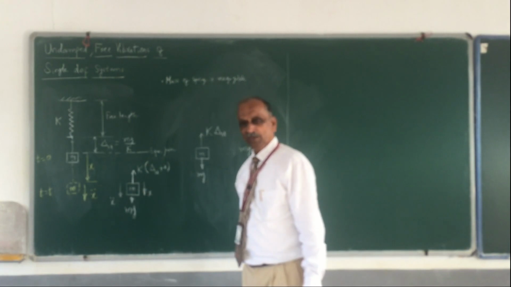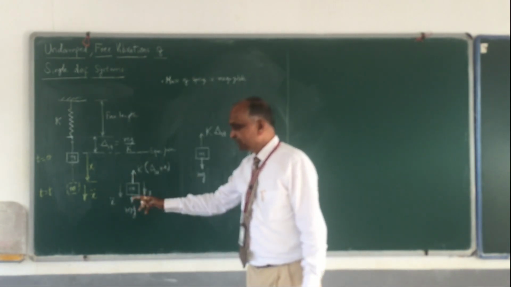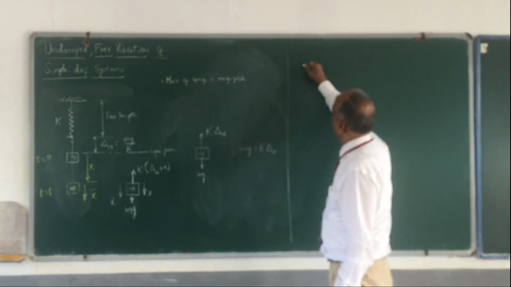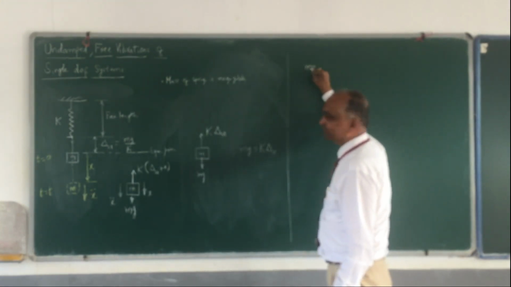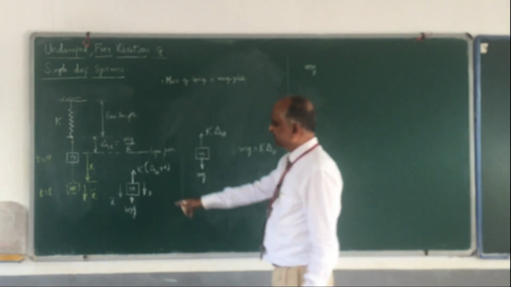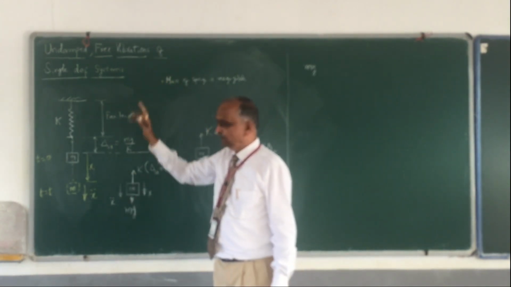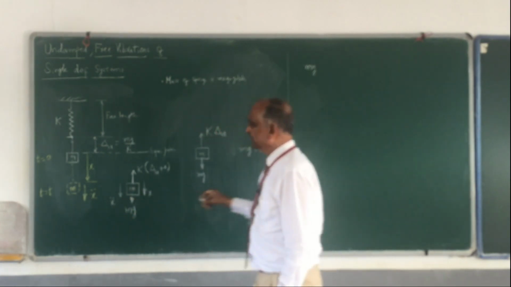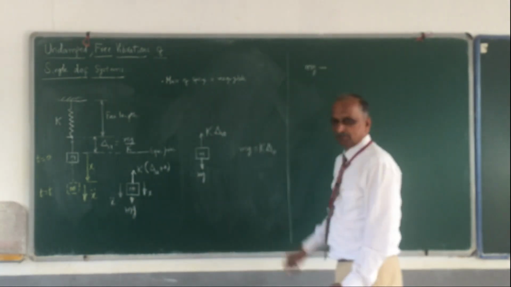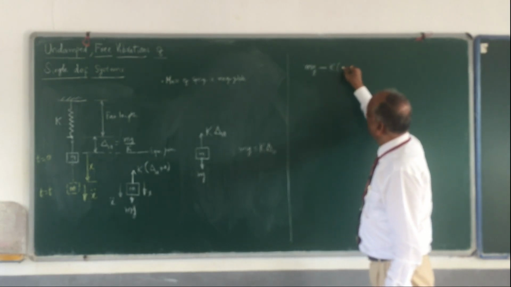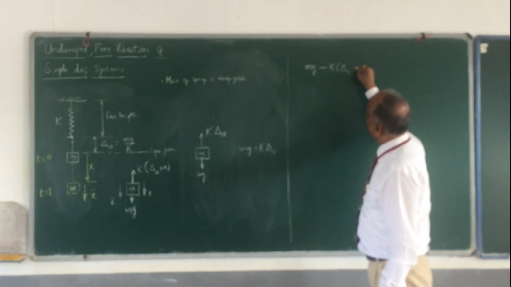I have two. Among these two, which is the downward force? Mg is a downward force, so let me start with that: mg. The force k into delta st plus x is in the upward direction, which is opposite to the acceleration, and therefore I have minus: minus k into delta st plus x.